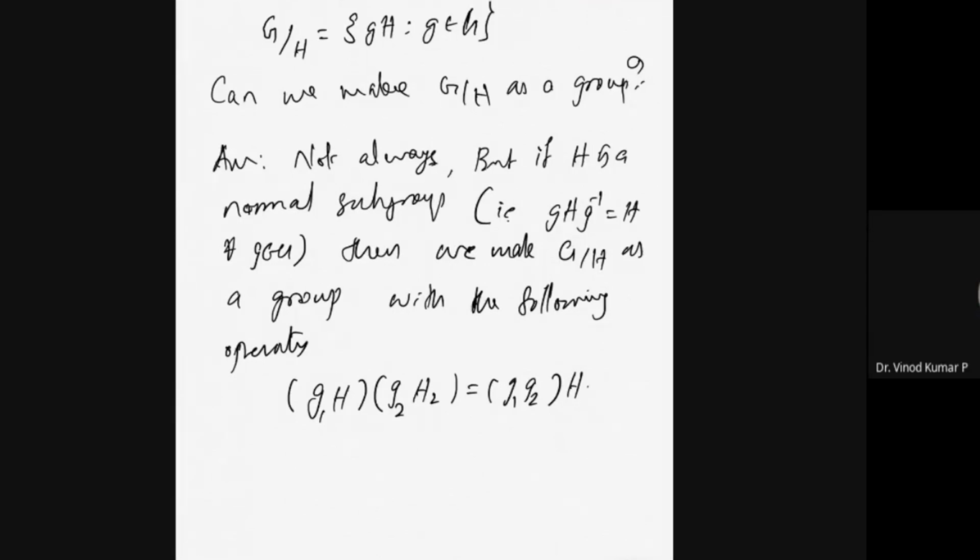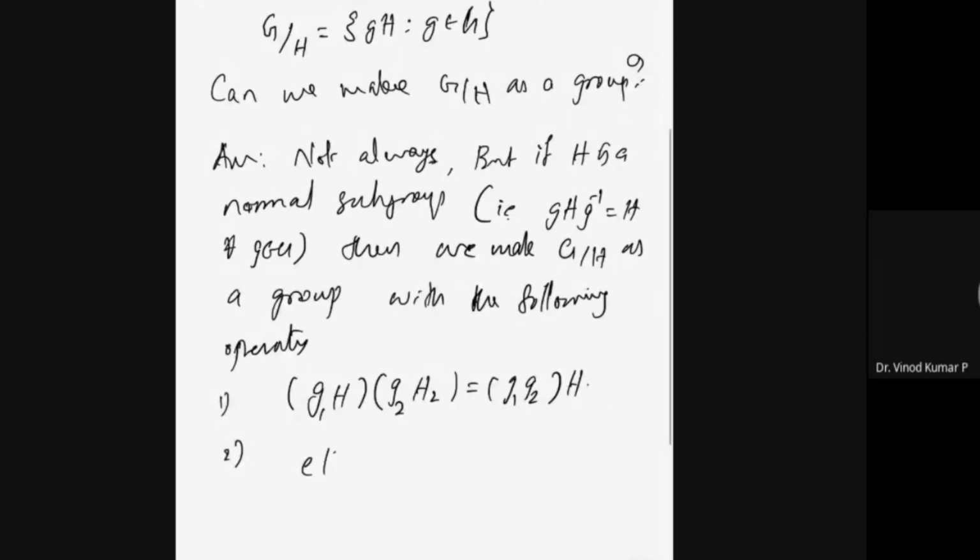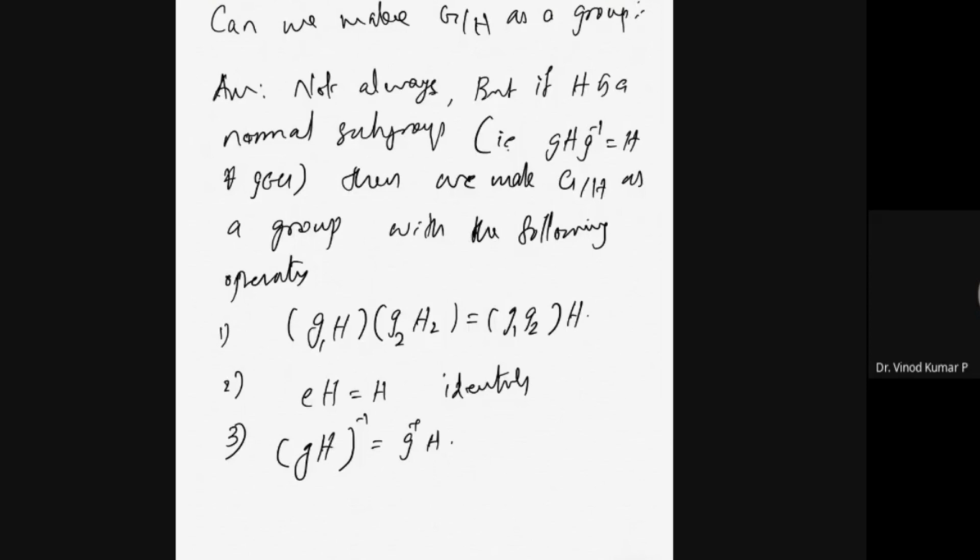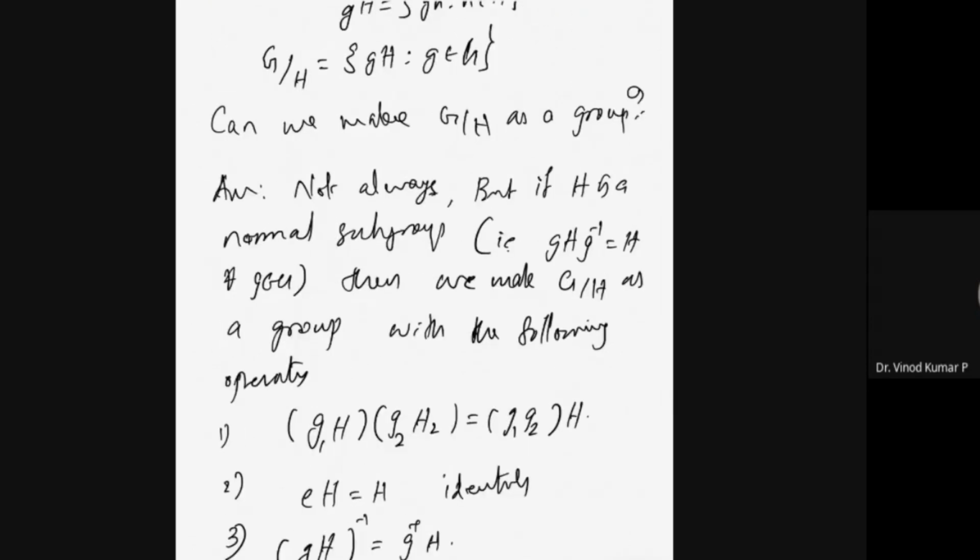There we use the normality of H. The identity is eH, that is the same as H. And the inverse: you take some element gH from G/H, then the inverse of gH is g inverse times H. So suppose you have a group G and H is a subgroup, then you can make G/H a group provided H is a normal subgroup.